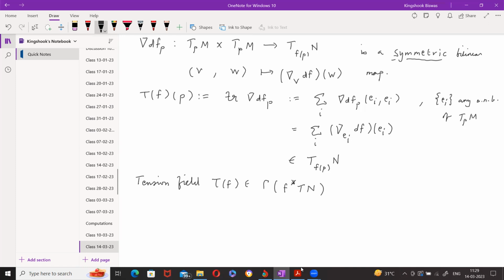Okay. So now let's come to the first variation of energy. For a variation of a smooth map f, f_t is a one parameter family of smooth maps.